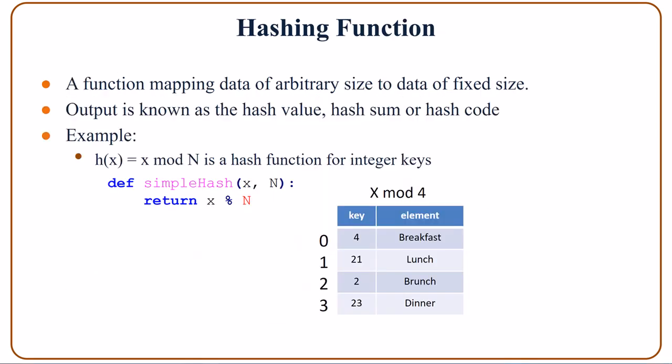A hashing function basically is a function that maps data of arbitrary size to data of fixed size. An example is the function h(x) = x mod n, which is a hash function for integer keys that maps integers to a few values, such as breakfast, lunch, brunch, and dinner.